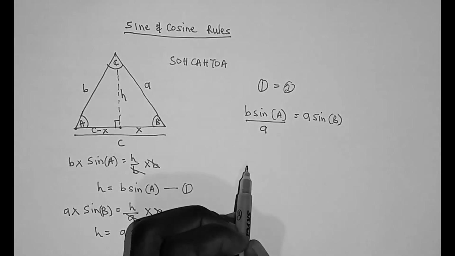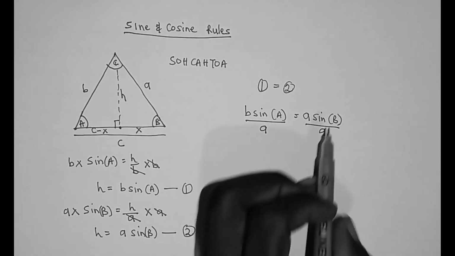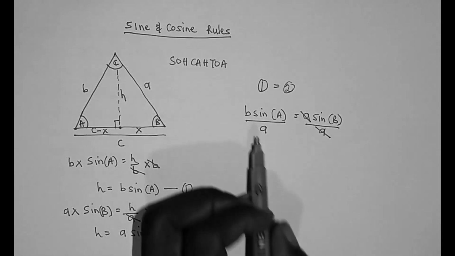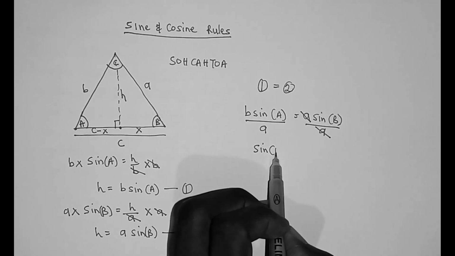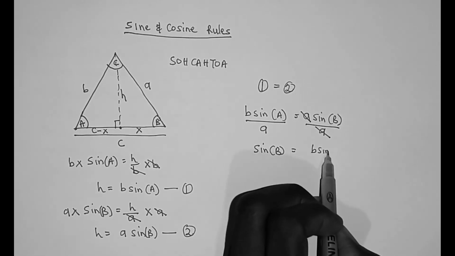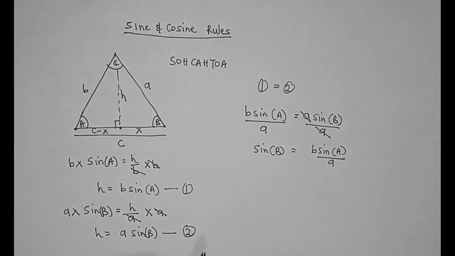We divide this side by a, and we also divide this side by a. So this a and this a cancel. So we can see that sine B is equal to b sine A over a.